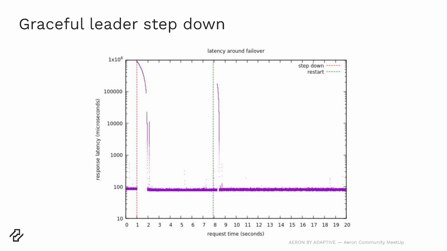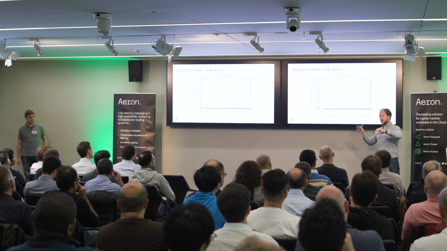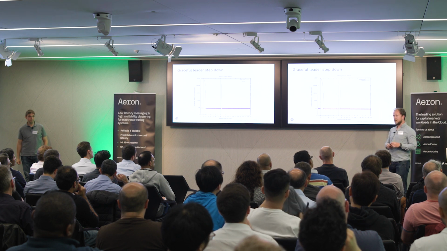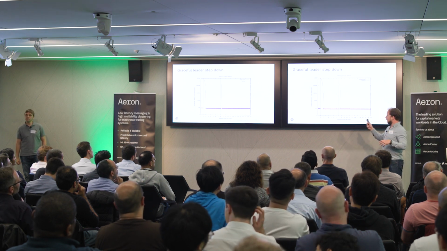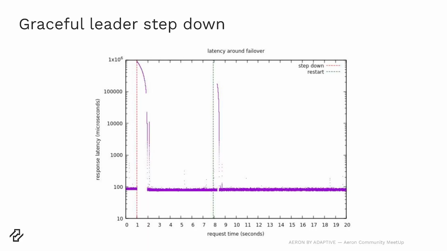We've been leveraging features such as end of stream flags so that, at the point you've upgraded your 2 follower nodes and restarted them without impact, and now want to restart the leader node, graceful leader step down cuts in. We've been making changes to make that as fast as possible.